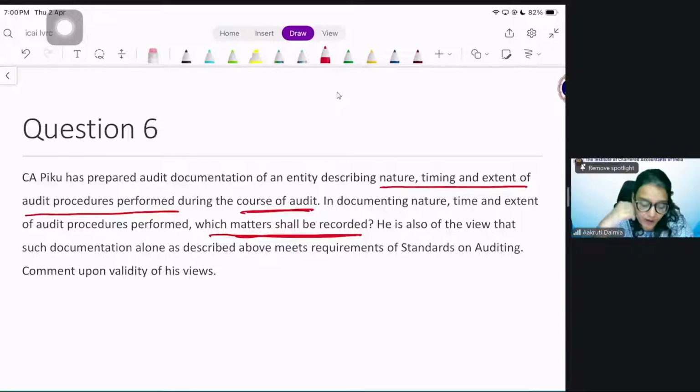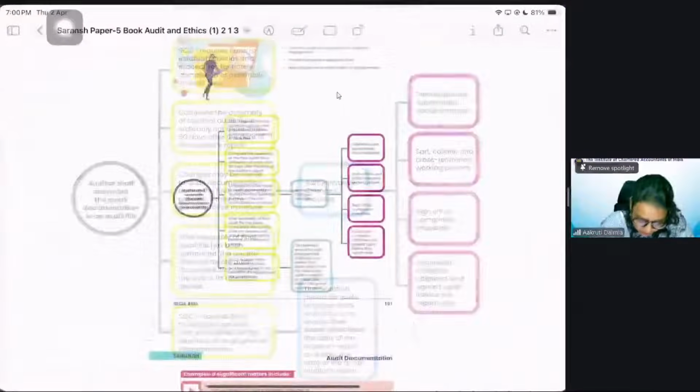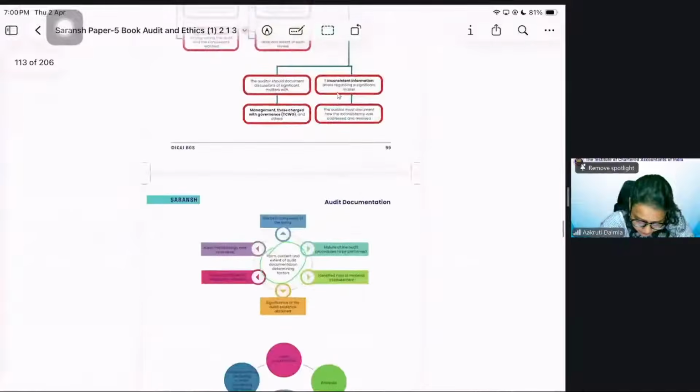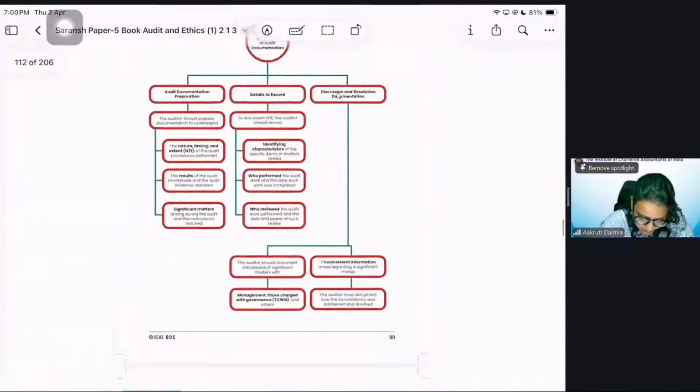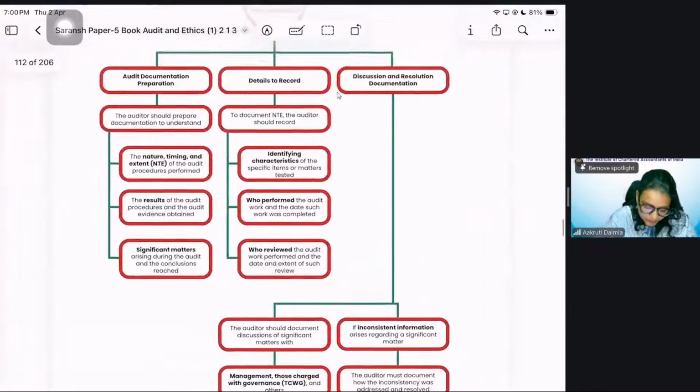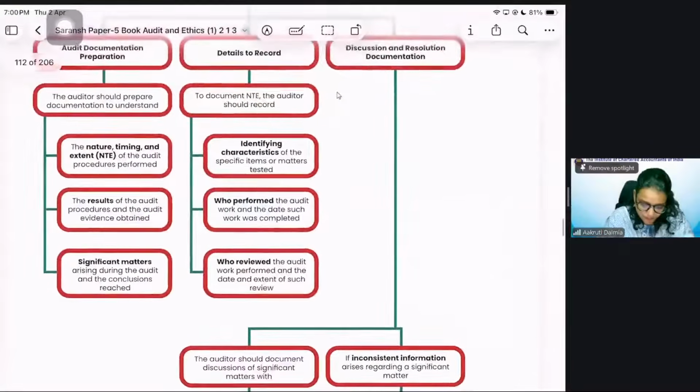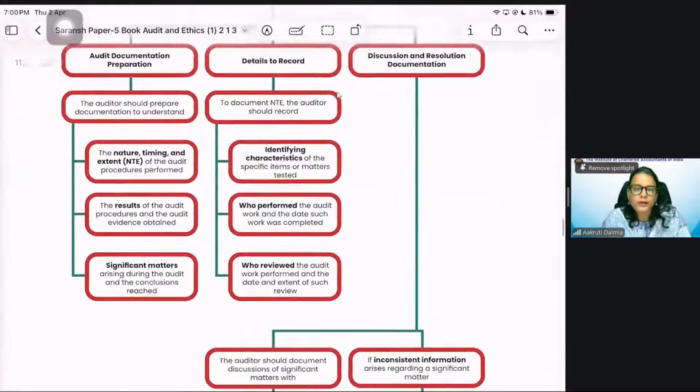First, see your book. Can you find the answer for this? Quickly, everyone look in the book. In documenting nature, time, and extent of audit procedures performed, which matters are to be recorded? Can you find it in the book? Quickly tell me.